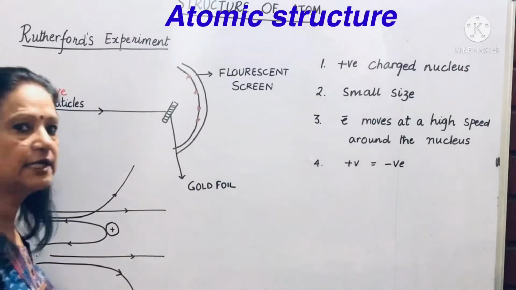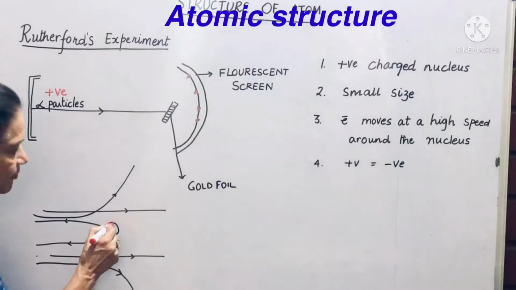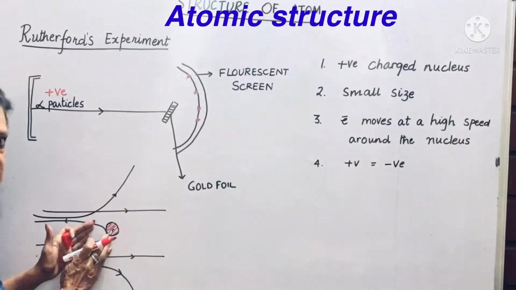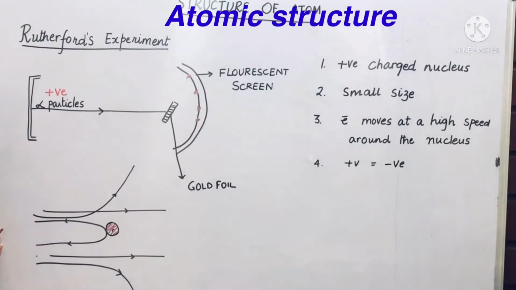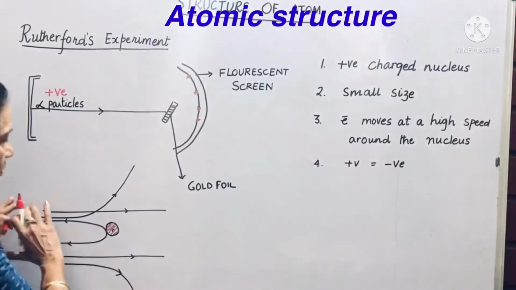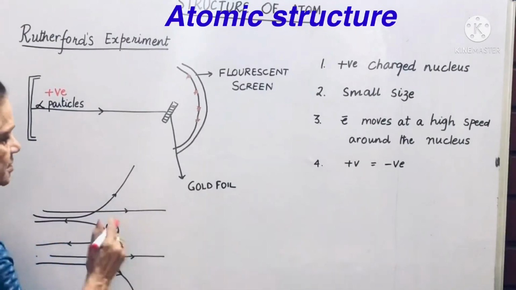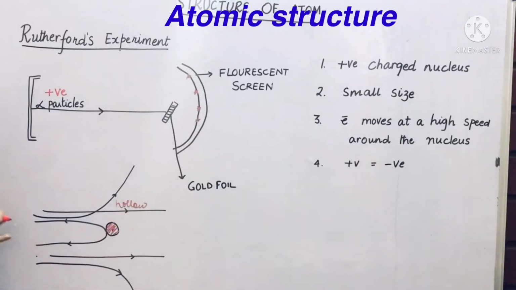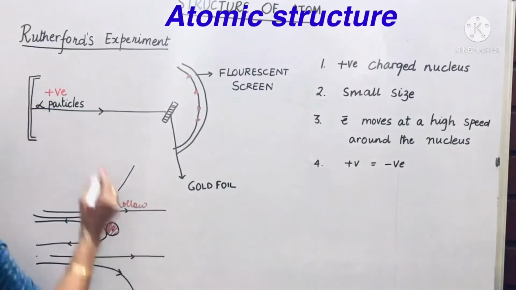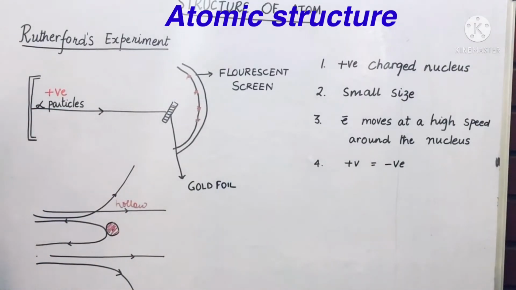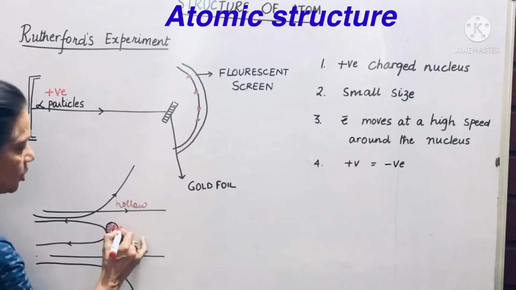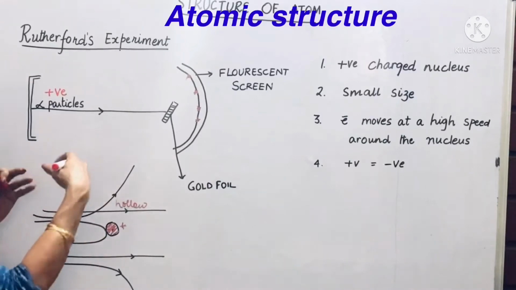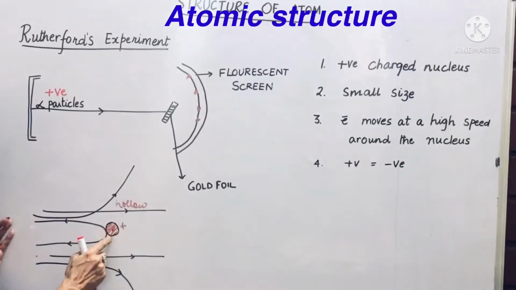Through this, he concluded that there must have been some dense part which, when the particles touched it, made them recoil back in the same direction. The particles which went straight meant that there was hollow space around this dense part, so they could pass easily through it. Since the alpha particles were positively charged and they got deflected, he thought this dense part was positively charged, so they got repelled because of this positive charge.